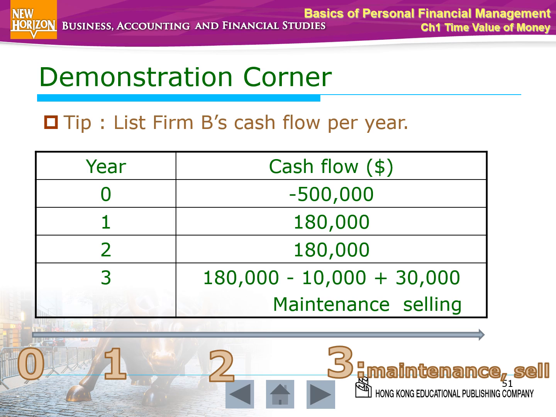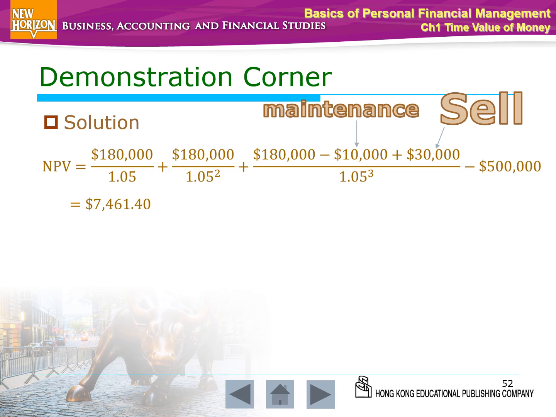But remember, never add these figures together. All those figures in different years have different value of money. We have to discount the future value to the present value.